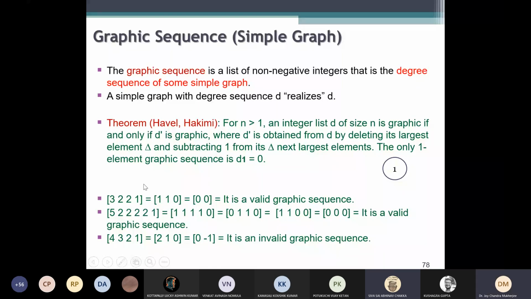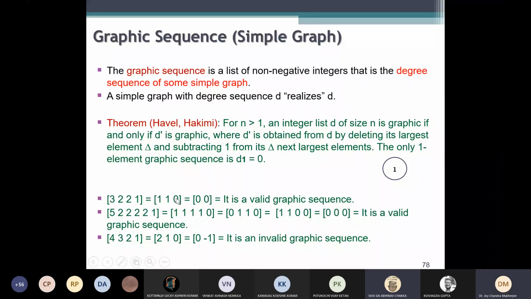3, 3, 2, 2, 1, this is a graphic sequence. Why is it a graphic sequence? The Havel-Hakimi theorem says that if I delete 3 and subtract 1 from the next 3 elements, 3 becomes 2, 2 becomes 1, and 2 becomes 1, and 1 becomes 0.